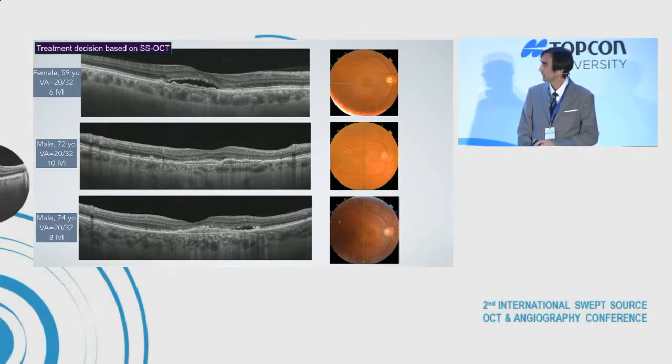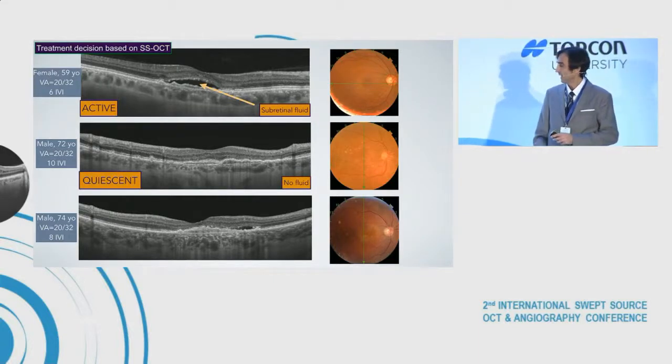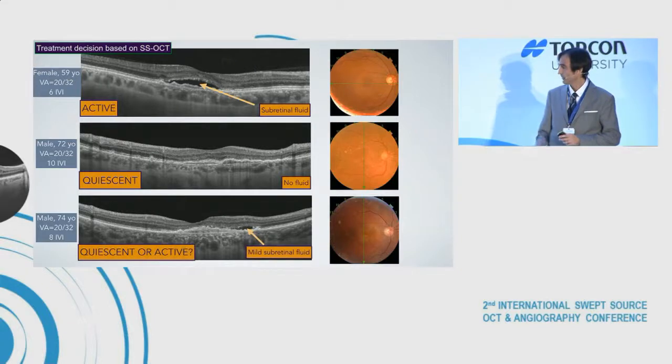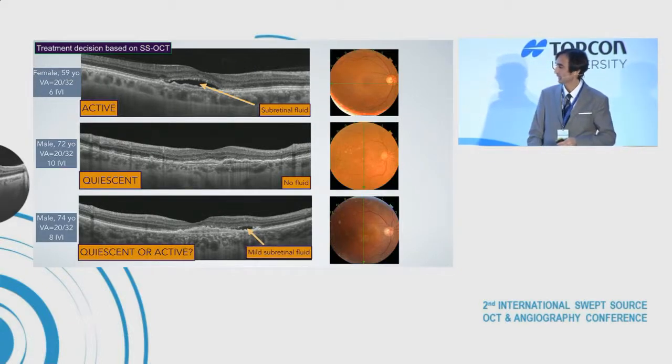The first case, we have subretinal fluid, an active case. The second case, no fluid. It could be considered not active. And the third case could be doubtful, with mild subretinal fluid and a stable visual acuity. The 3 patients have the same visual acuity. It's a doubtful case.